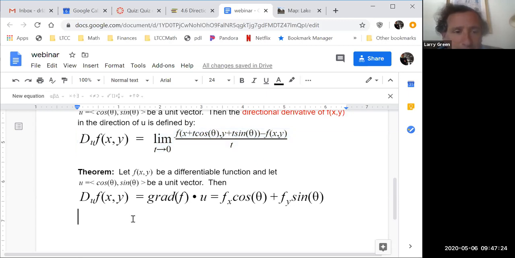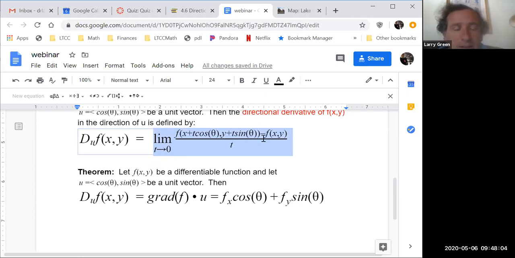So if we think about the vector t cosine theta, t sine theta, which is just tu, then this basically gives you the derivatives. And that's what's going on here. So I'm not going to do the full proof, but that's the idea of the proof, is that if you do a reverse chain rule of this, you end up with the derivative of f of t, and the derivative of f of t by definition is this limit. And that's the reason why this works.